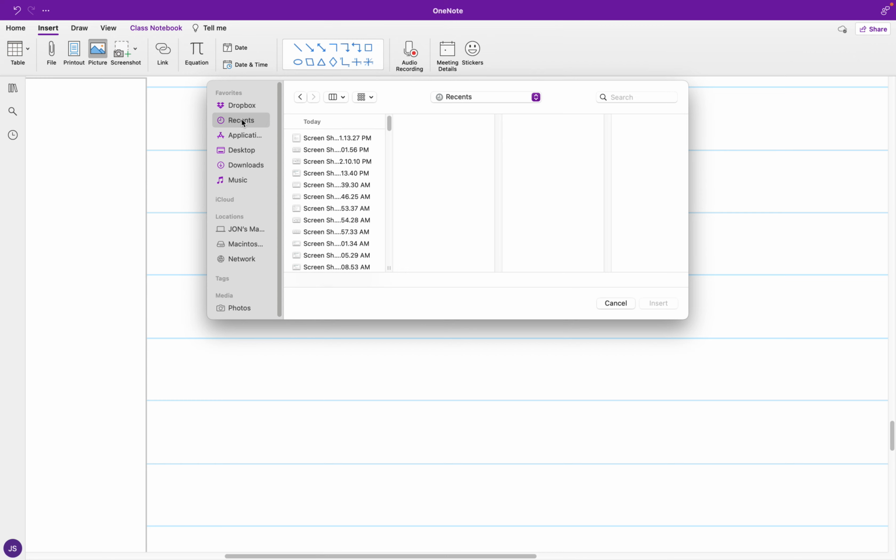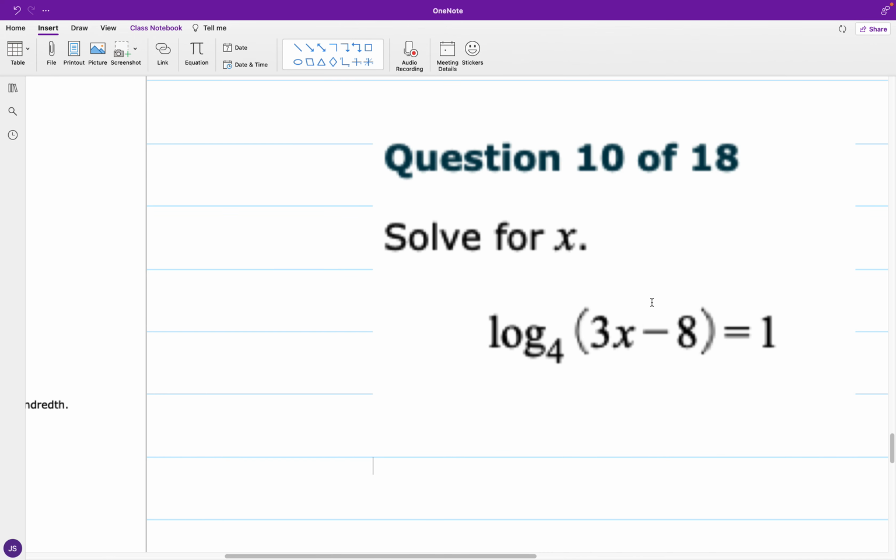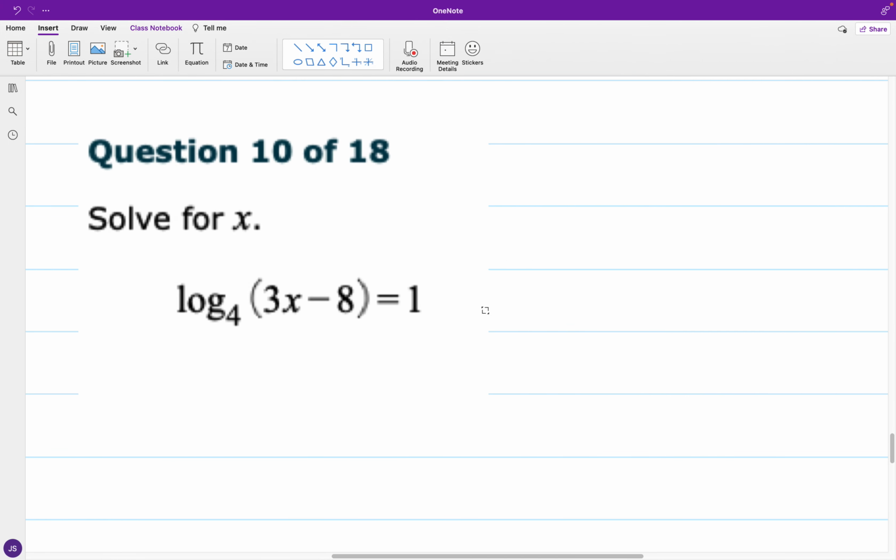For this item, we have the base 4 logarithm of the quantity 3x minus 8 is equal to 1.